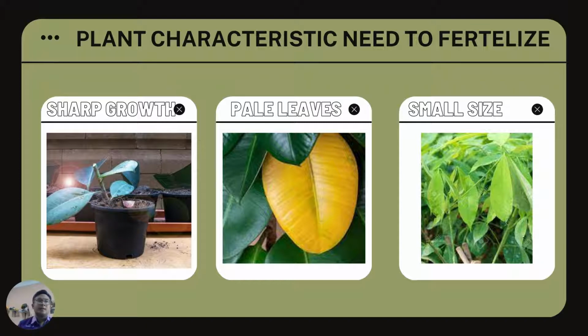We can consider the rubber tree to be growing late when it is 6 years into the plantation and still small, and it needs to be fertilized as soon as possible. There are some recommendations for the fertilizing method, which I will show you in the next video.